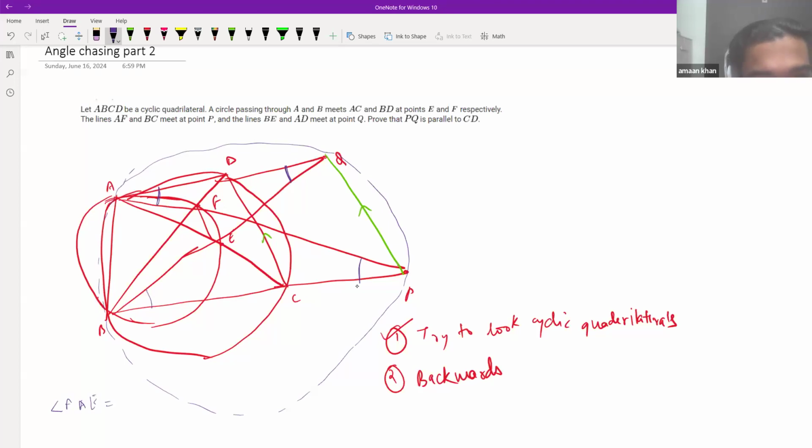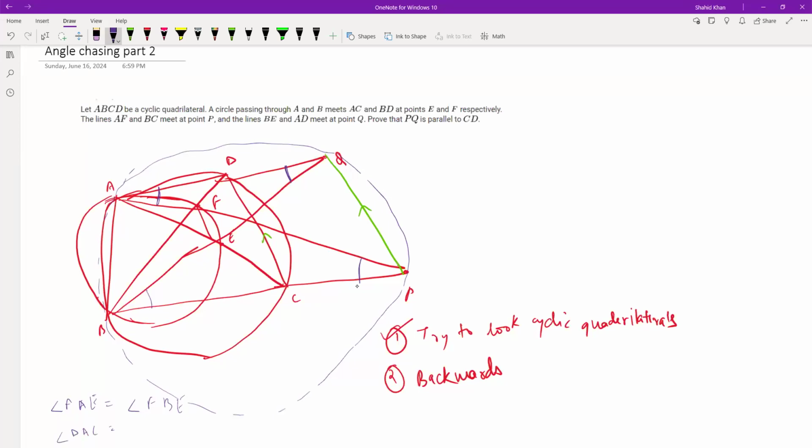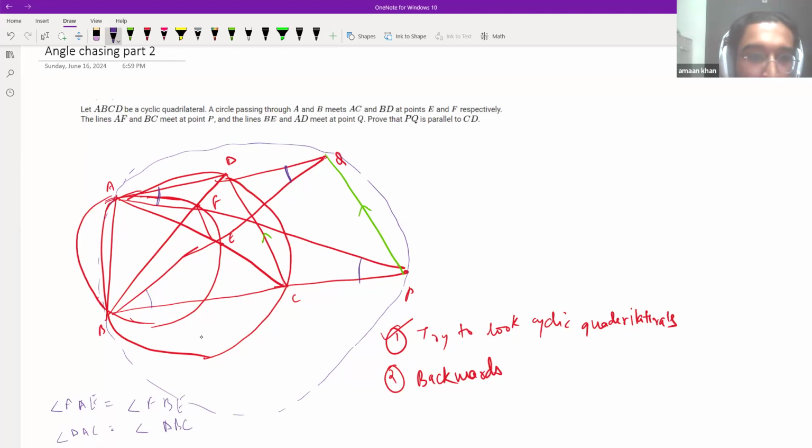And from cyclic quadrilateral ABCD, we get ADC the same as DBC. So essentially, if we compare, we get that QAP is the same as QBP. So DAC is DBC and then you're just subtracting them. Okay, yeah, that works. Cool.